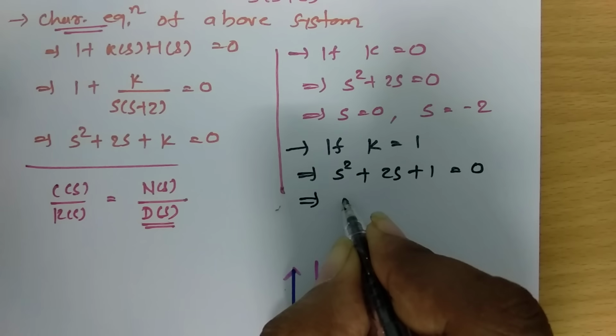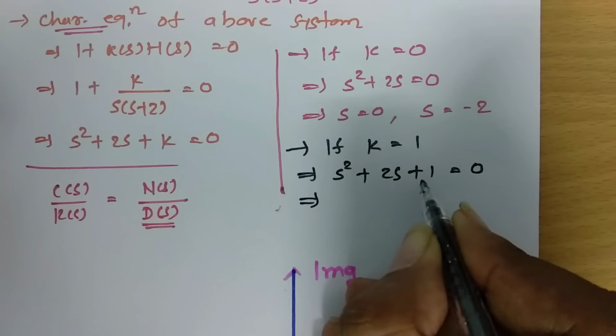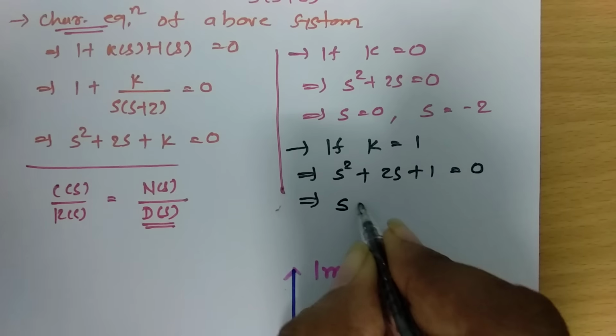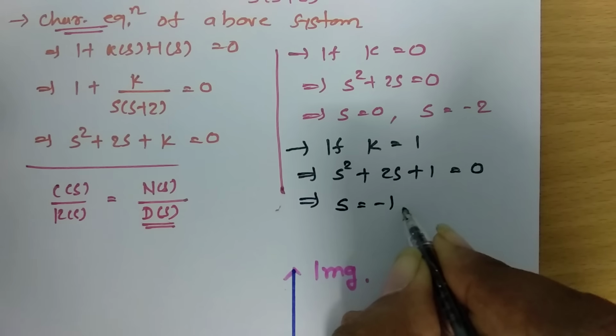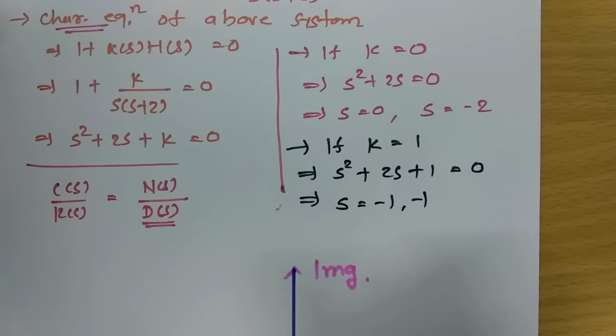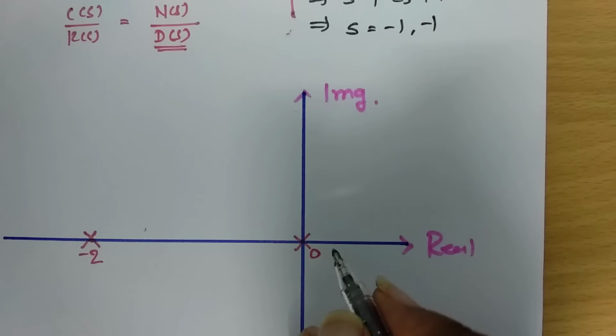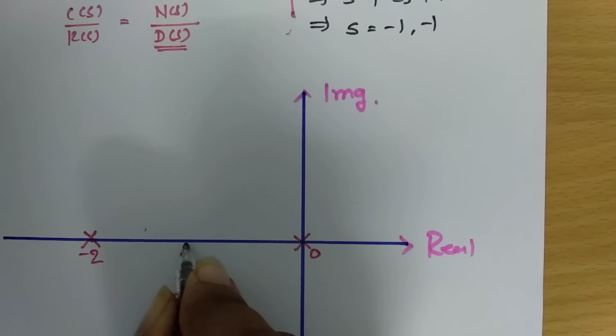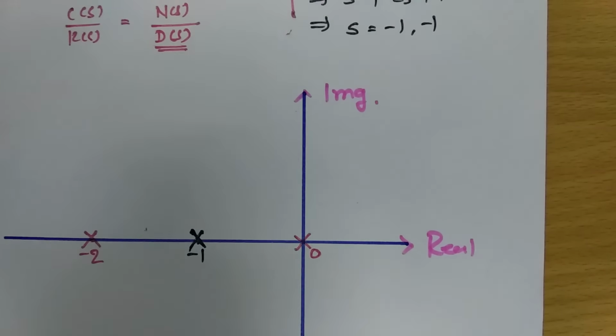In that case, there are two poles, both at s = -1. So the position of the poles will be over here, both of the poles at s = -1.